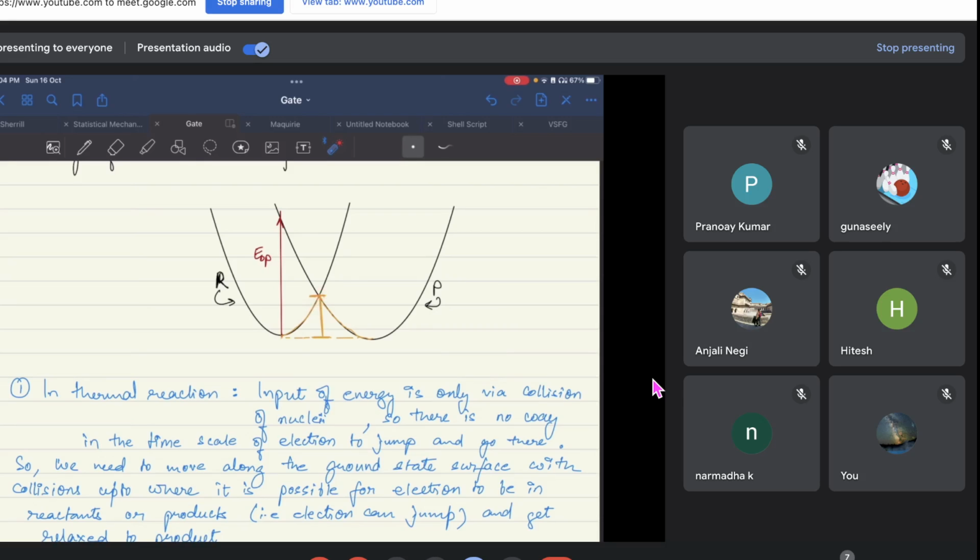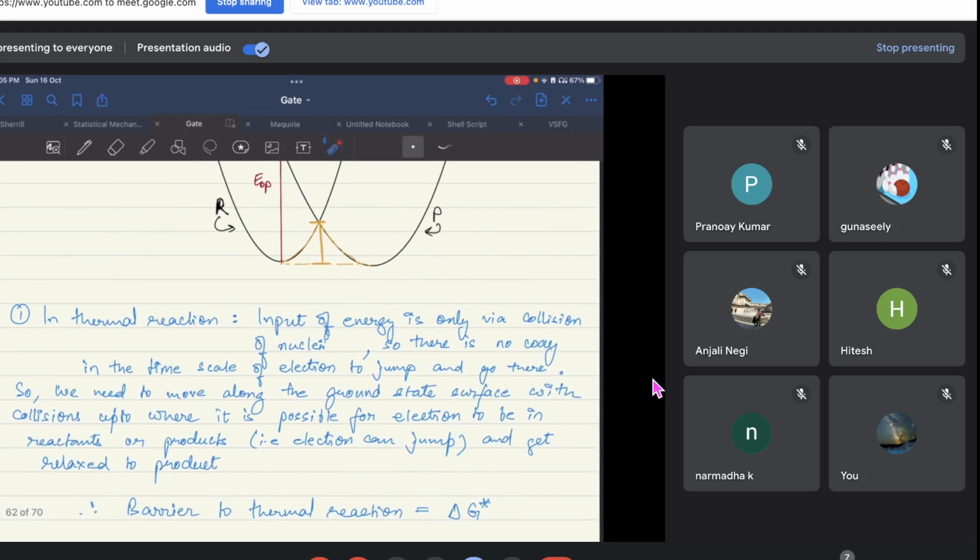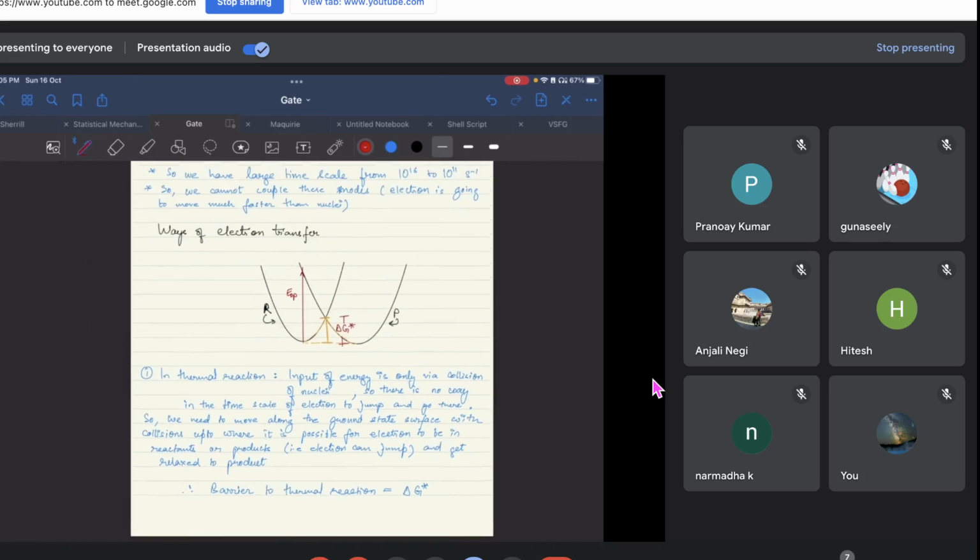This will be the point where my electron can be in either the reactant curve or the product curve. Here it can jump and get relaxed to the product side, and finally we get a product. Therefore, the barrier to the thermal reaction I can write as delta G star, that is the thermal barrier for the electron transfer.